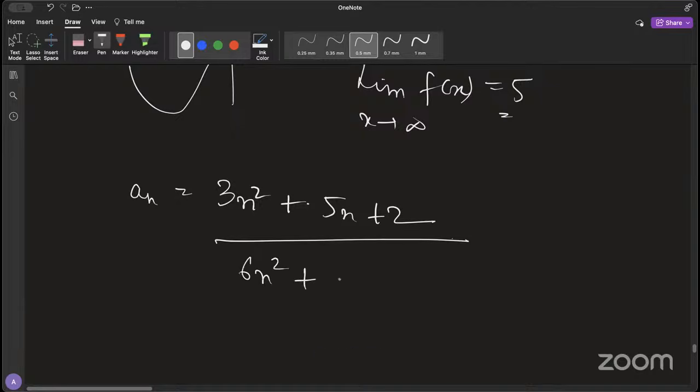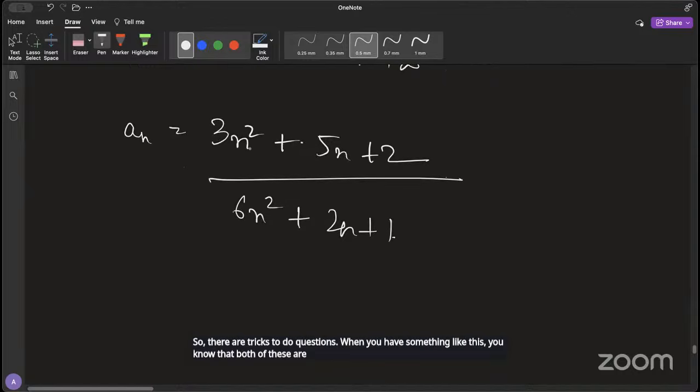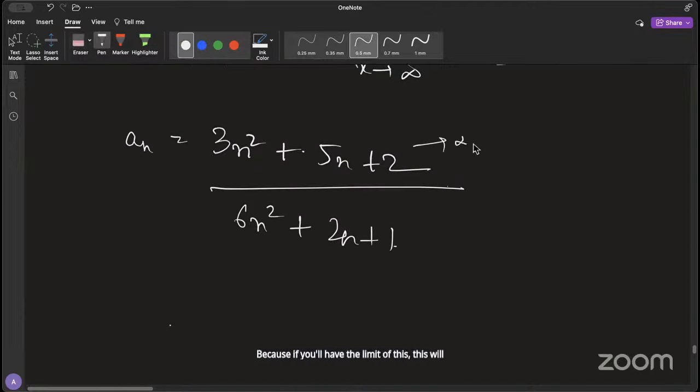So there are tricks to do questions when you have something like this. Both of your leading terms are n square, right? If you take the limit of the numerator, it goes to infinity, and the denominator is also going to infinity.